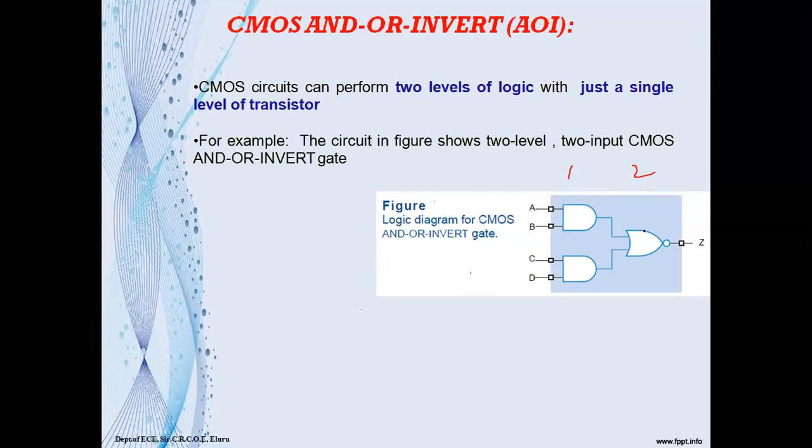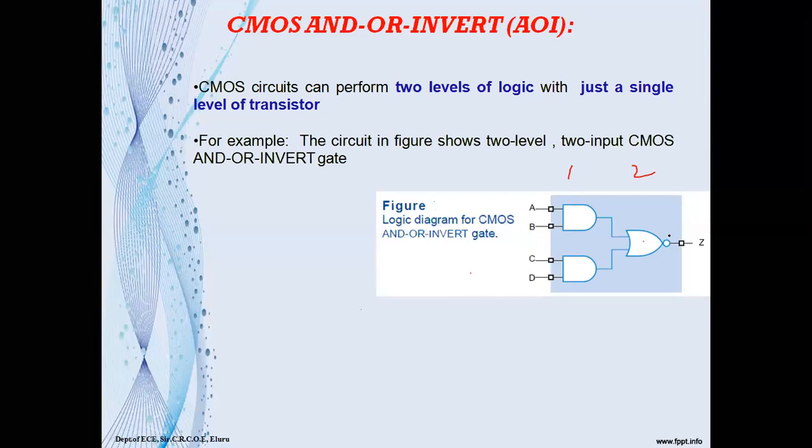Now if you take the second stage of this gate, it consists of the NOR gate in this example. The transistors used for this NOR gate itself are a single level of transistors. So there are two stages, and the first stage has the first level of transistors, and the second stage has the second level of transistors.